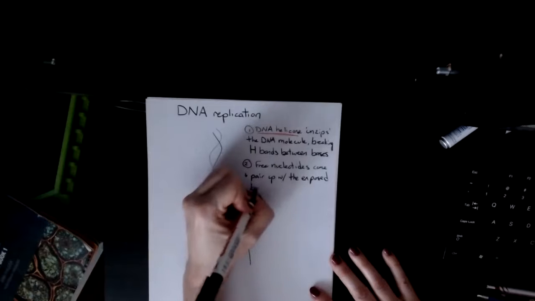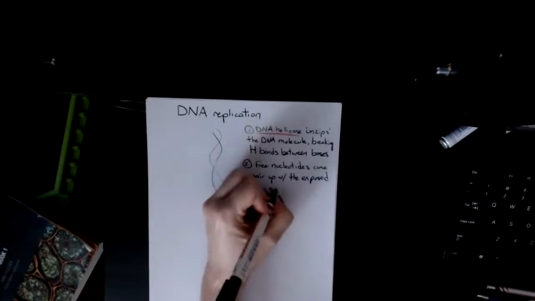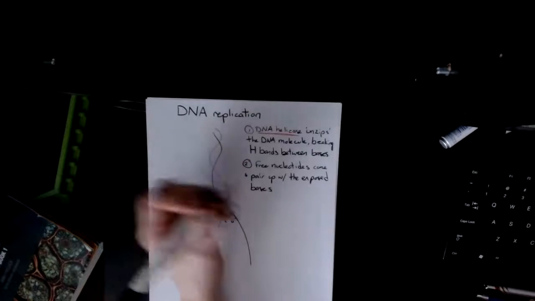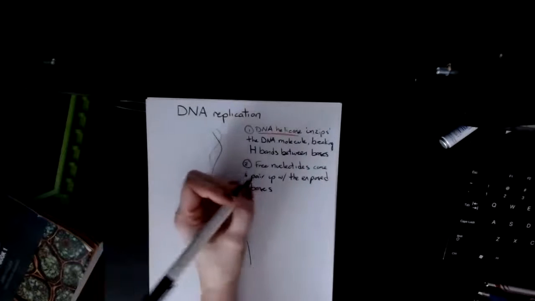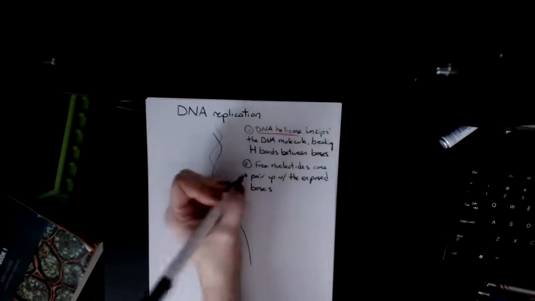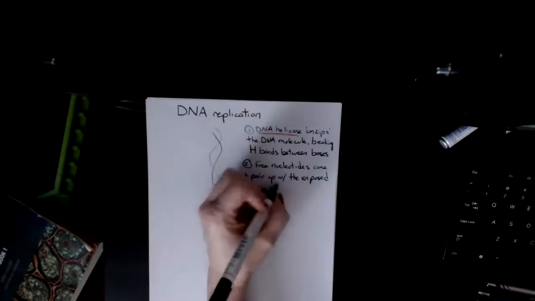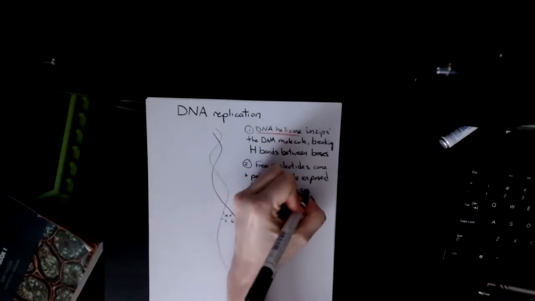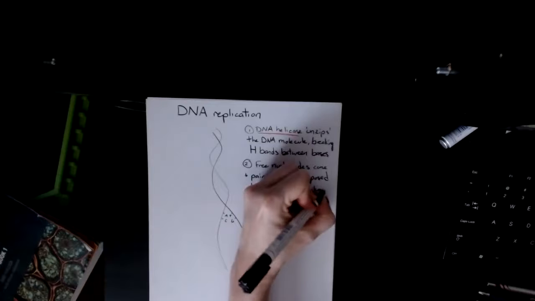And I either mention the idea that this is via the complementary base pairing rule, or, and I always do both, you would literally mention A with T, C with G. Okay, so free nucleotides come and pair up with the exposed bases via the complementary base pairing rule.